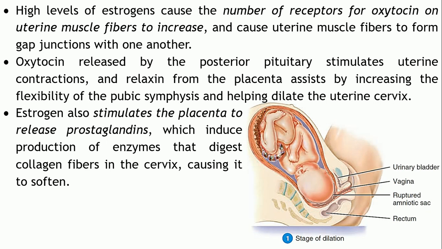Now these high levels of estrogen cause an increase in the number of receptors for oxytocin on the uterine muscle fibers. So this is the position of the baby. Now the baby is in the uterus, but due to high levels of estrogen, it acts on the middle layer of the uterine wall, the myometrium, the muscle fibers.